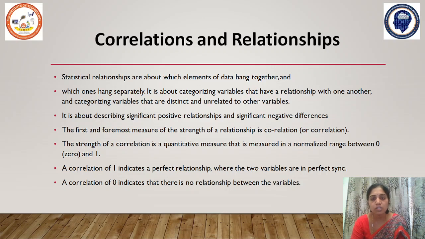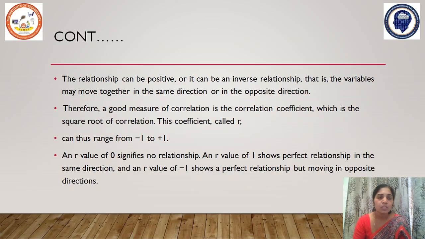Therefore, a good measure of correlation is the correlation coefficient, which is the square root of correlation. This coefficient we call R, which can range between -1 and +1. An R value of 0 signifies no relationship. An R value of 1 shows a perfect relationship in the same direction. An R value of -1 shows a perfect relationship but moving in opposite directions.